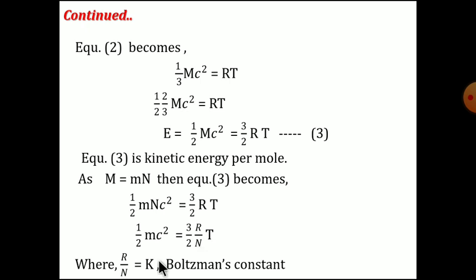Both are constants. The ratio of the two constant terms is again another constant k. That constant is known as the Boltzmann constant. Therefore, in terms of the Boltzmann constant, we write the equation half m C square. This is the average kinetic energy per molecule, that is E equal to 3 by 2 kT.